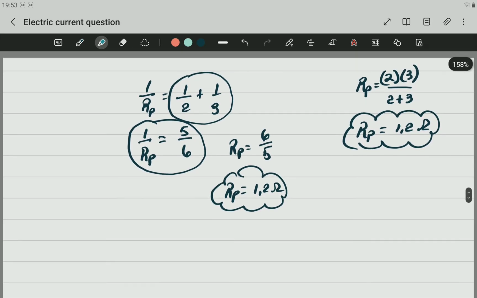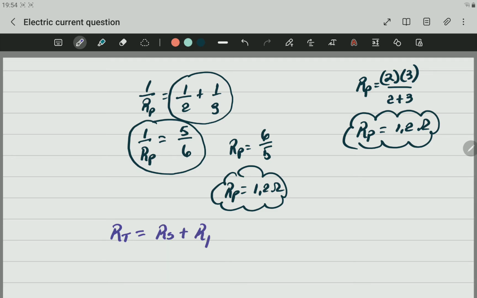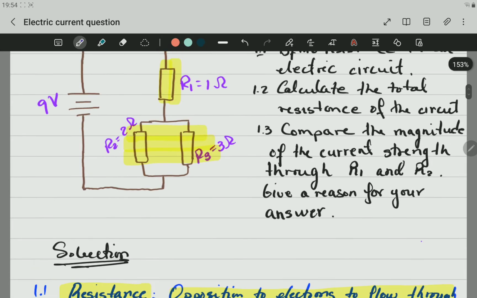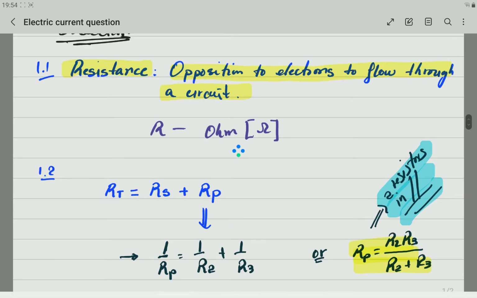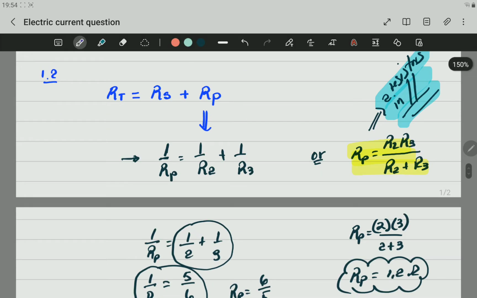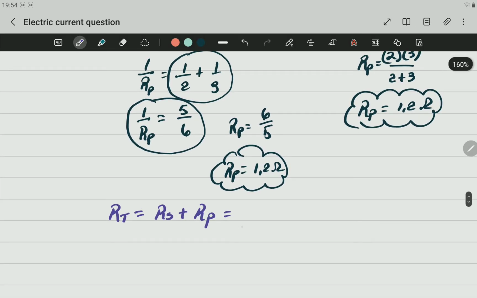Okay, so let's continue. Now we're looking for the total resistance. So let's not forget that we're looking for R total, which is equal to Rs plus R parallel. I'm going to rewrite the formula just for us not to get lost. Rs is the only resistor in series in the diagram, and you can see it's 1 ohm. So R1 is going to be 1 ohm, and R in parallel is going to be 1/2.